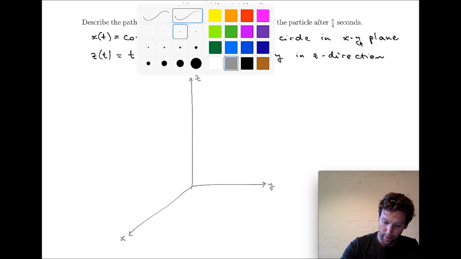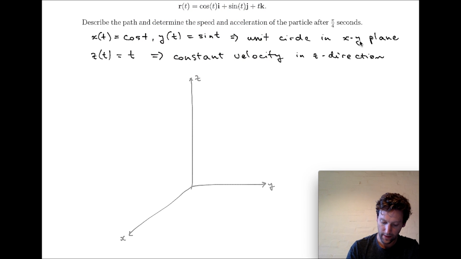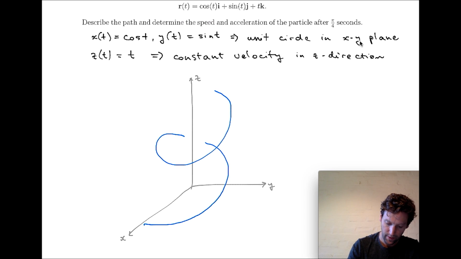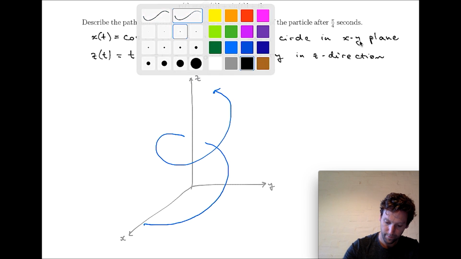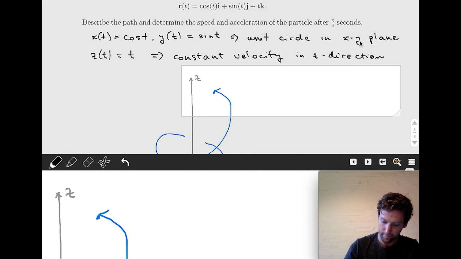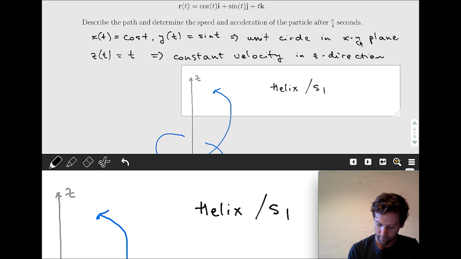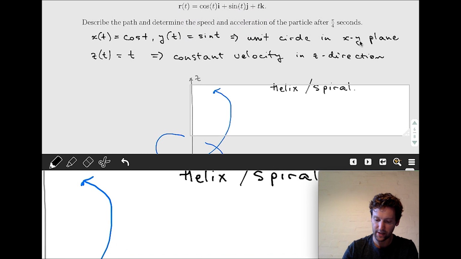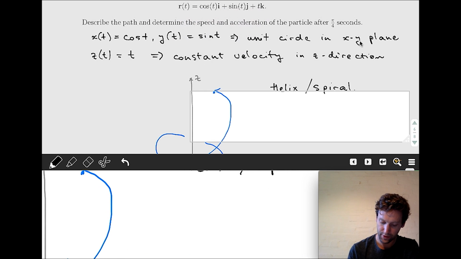And I've got a particle trajectory that's spiraling up around the z-axis. So this is known as a helix or a spiral. And we can calculate what the velocity and acceleration along this trajectory are.